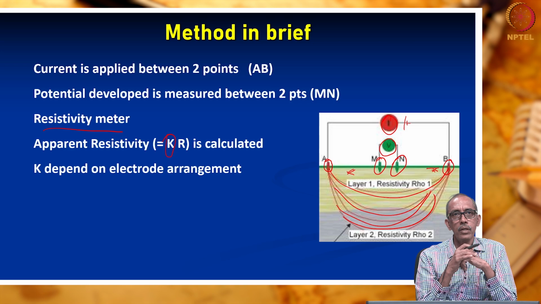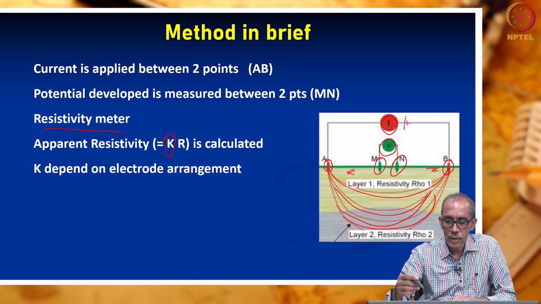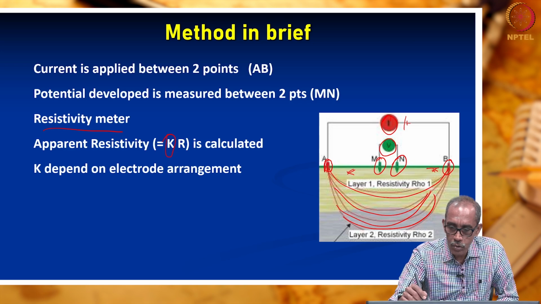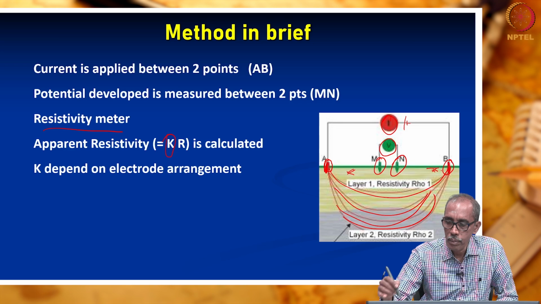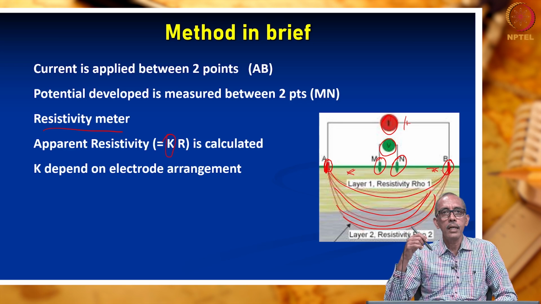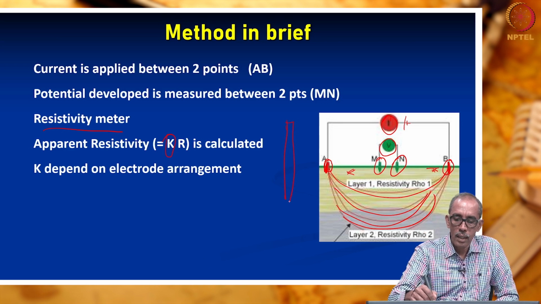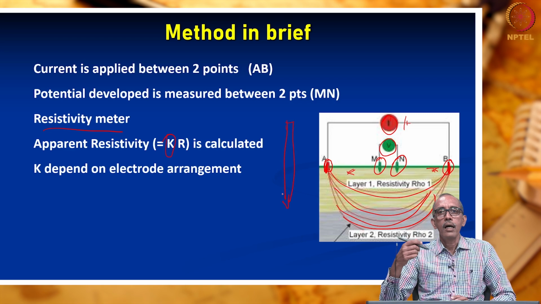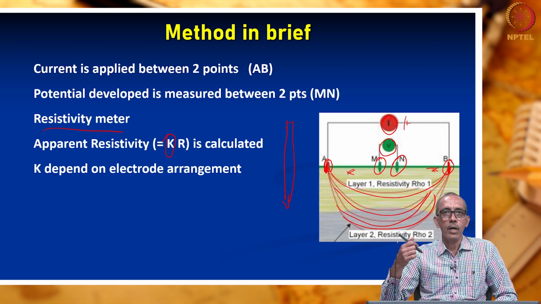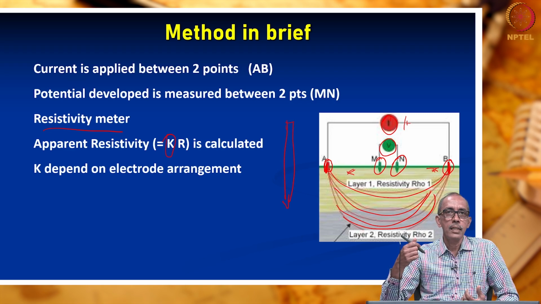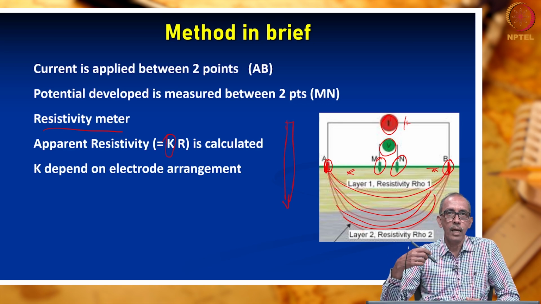So I didn't introduce what an electrode is. I was telling you we are applying current through point A and point B. How can you apply current into the earth? We need a small arrangement, which is nothing but an electrode. Electrodes are nothing but a conductive rod, maybe like a miniature version of the cricket stump, which all of you are aware of.